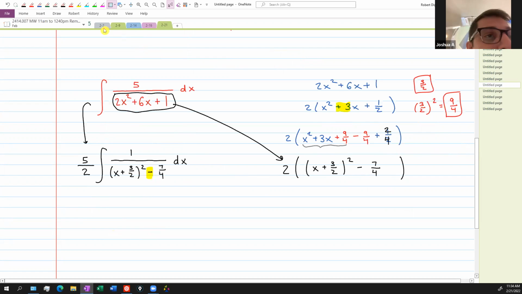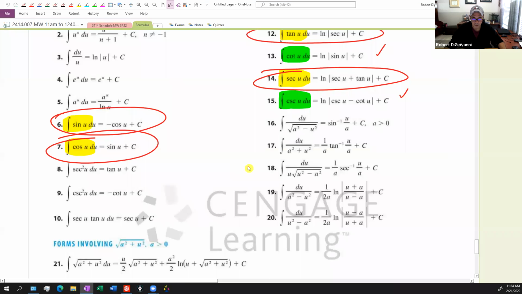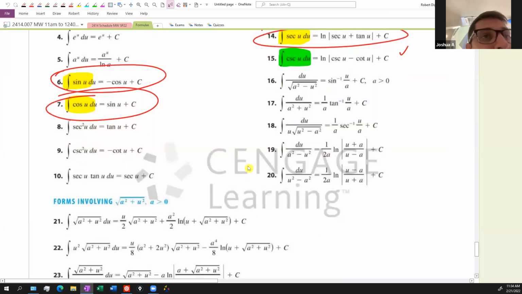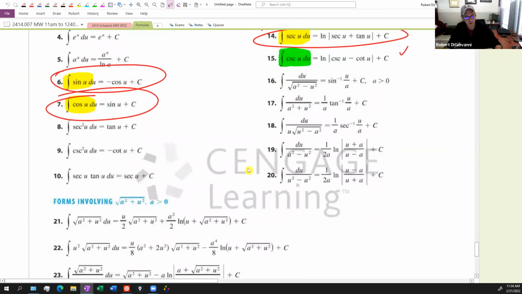So you still won't have what you need for arctan. However, if you look at your formula sheets, formula 17, where is it? Yeah, okay, so look at formula 17 is what we've been using, right? When you have a squared plus u squared in the denominator. See that? But look at number 20.